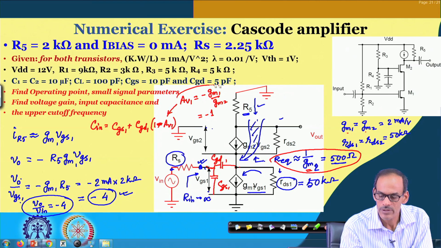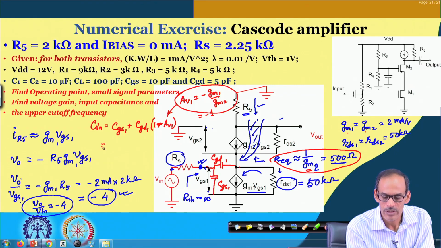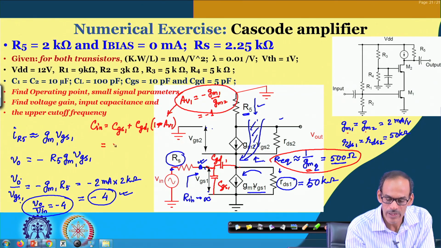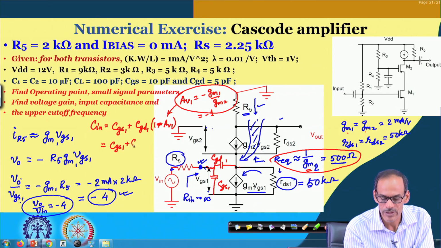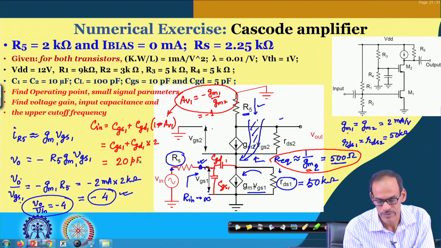So with this, Cin we get is CGS plus CGD times 2, and hence again here we get 20 picofarad capacitance.